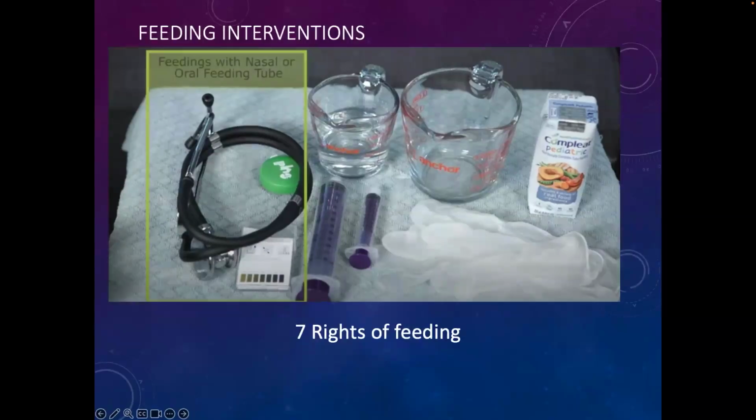So the right patient, the right route, which also means the right placement, meaning you make sure it's in the right place. When we check a tube, now this keeps changing, I need to pull the policy. But ideally you have to have two confirmations if you're putting down a nasal or an oral tube feed.